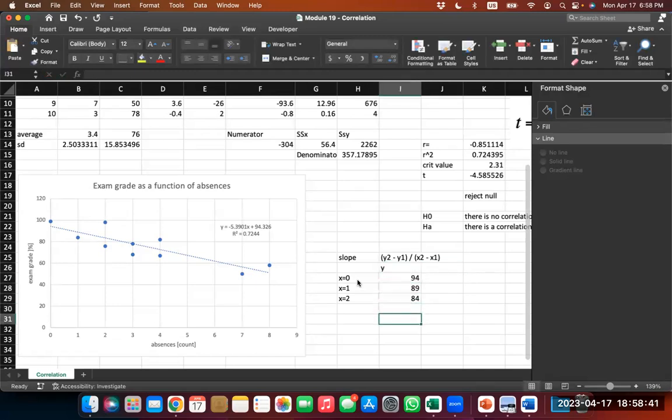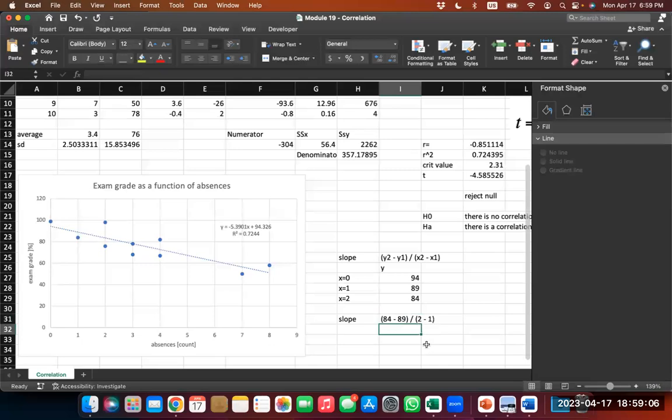If we were to calculate now the slope based on that, the only thing we would need to do is to calculate y2, let's take the 84, minus 89, divided by x2, which would be 2 minus 1.